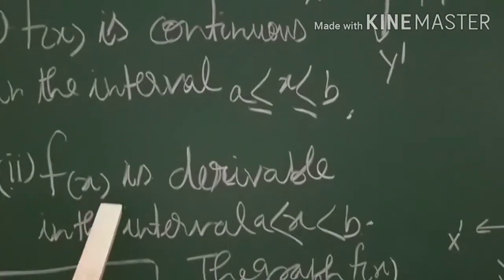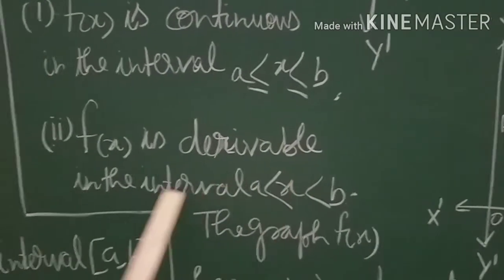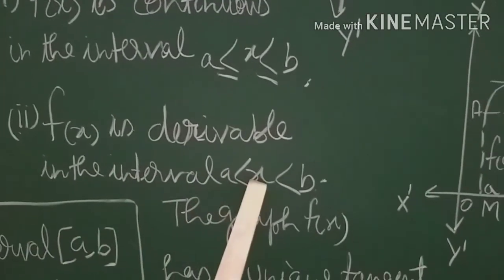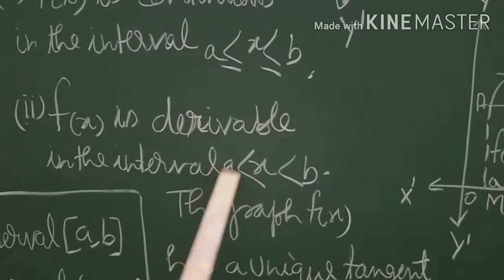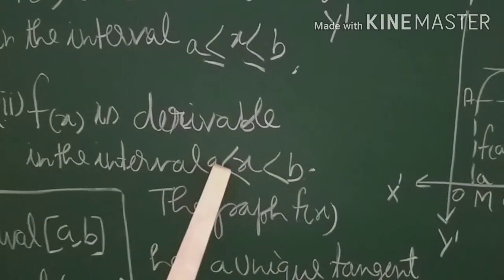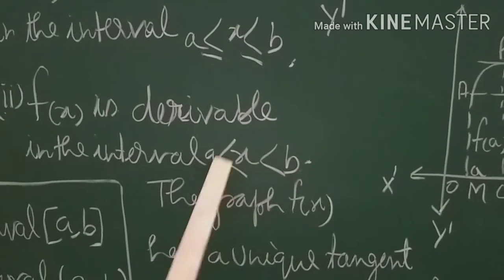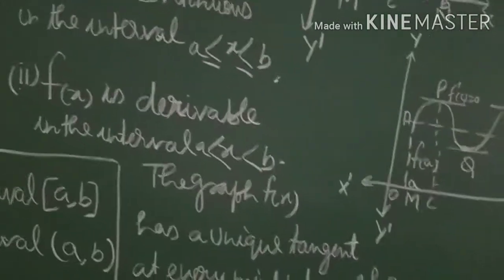Second condition: f(x) is differentiable, or derivable, in the interval a to b. It is an open interval; there is no sign of equal to. There is a value x which lies between a and b. So what does differentiable mean, students?